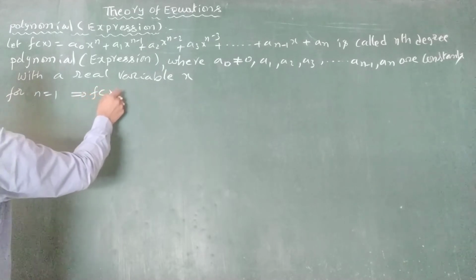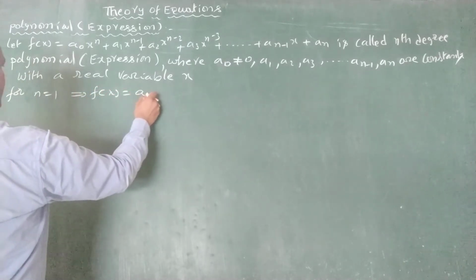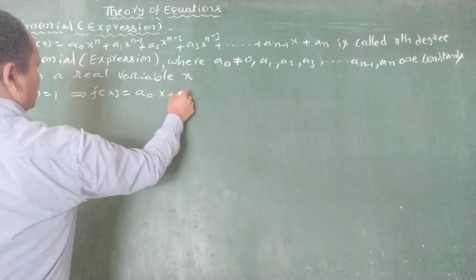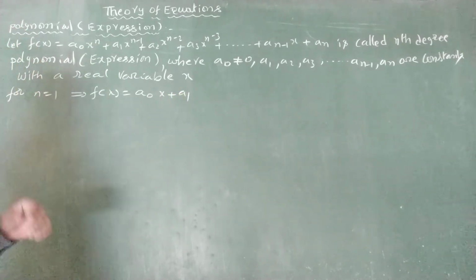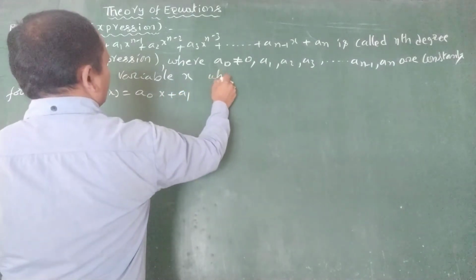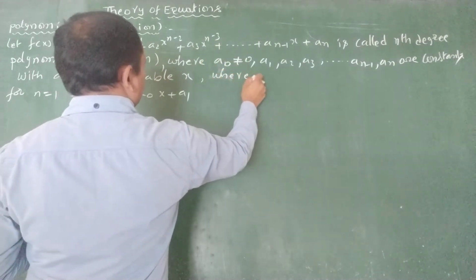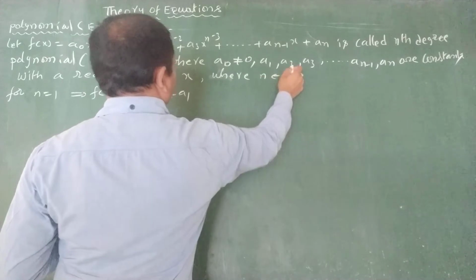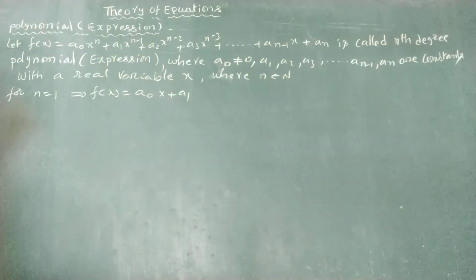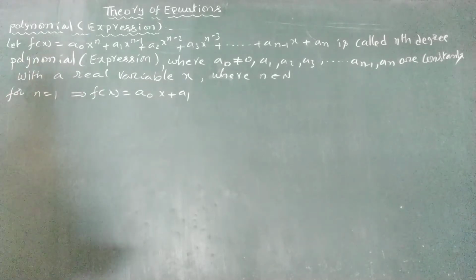f of x is equal to a0 x plus a1, where n belongs to capital N, n is natural numbers, that means positive integers.